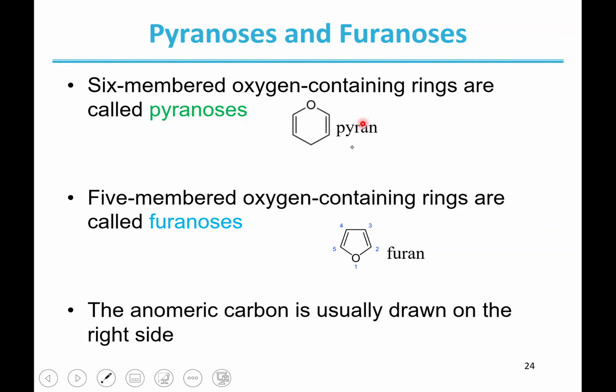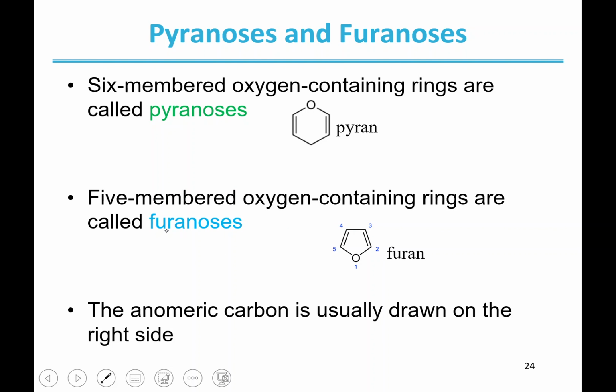It looks like pyran, the organic chemical pyran. That's why they term these pyranoses, because it's similar to that structure. Okay. 5-membered rings that contain an oxygen look like furan, and that's why we call them furanoses.